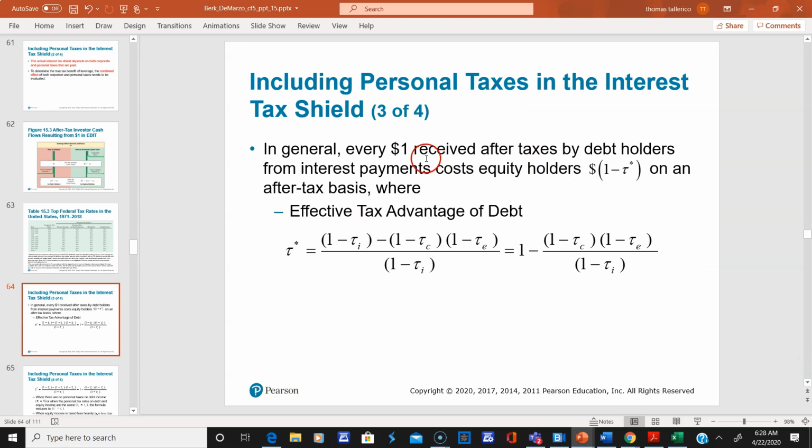As you can see here, for every dollar received after taxes by debt holders from interest payments, this is on debt, equity holders, basically it costs the equity holders 1 minus T on an after-tax basis.